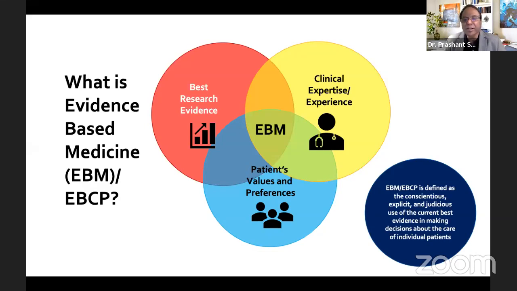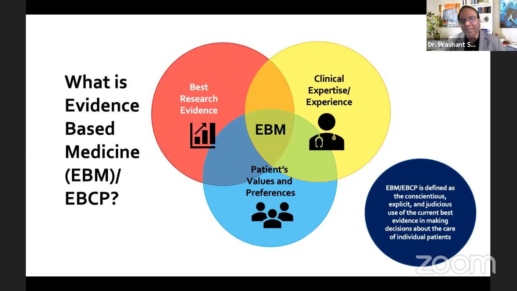And lastly, we need to consider patient values and preferences because every patient is a unique individual and his needs may be different from any other patient's. So things which may not be important from the clinician's perspective may be important to the patient from his own perspective.